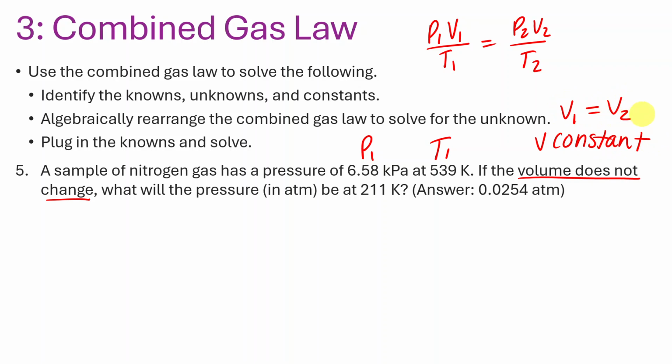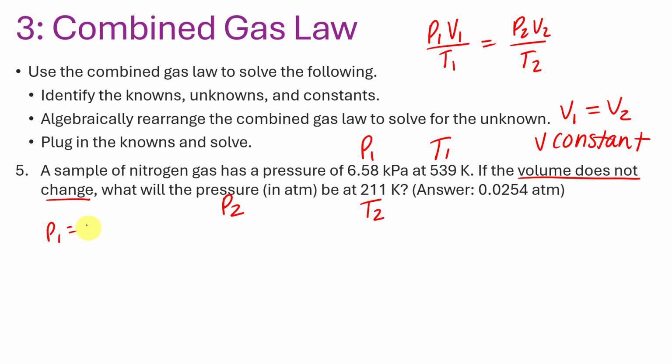Because it is a constant, we can remove that from our math here. It says, what will the pressure be in ATM? So that's P2. What will it be at 211 Kelvin? So we need to solve for the final pressure of this system. So let's go ahead and start working on that.